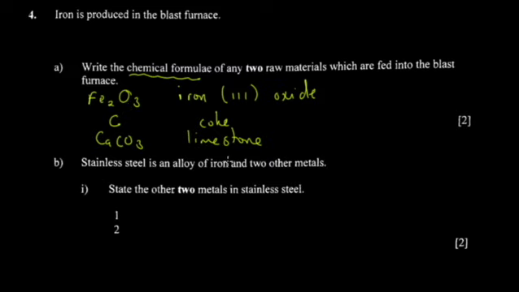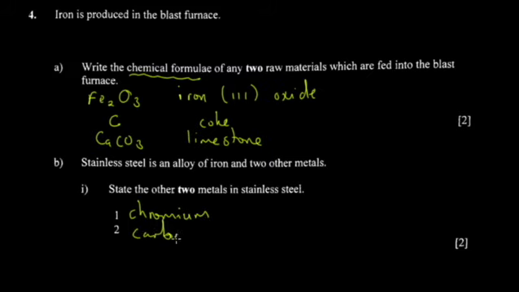So stainless steel is an alloy of iron and 2 other metals. State the 2 other metals. So there is chromium, and there is carbon.